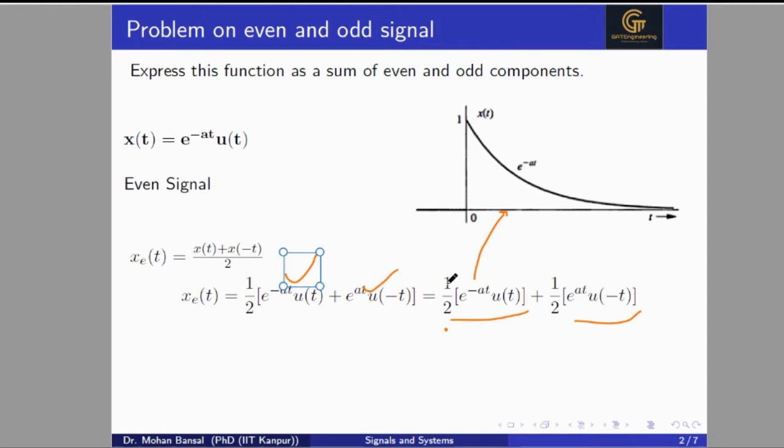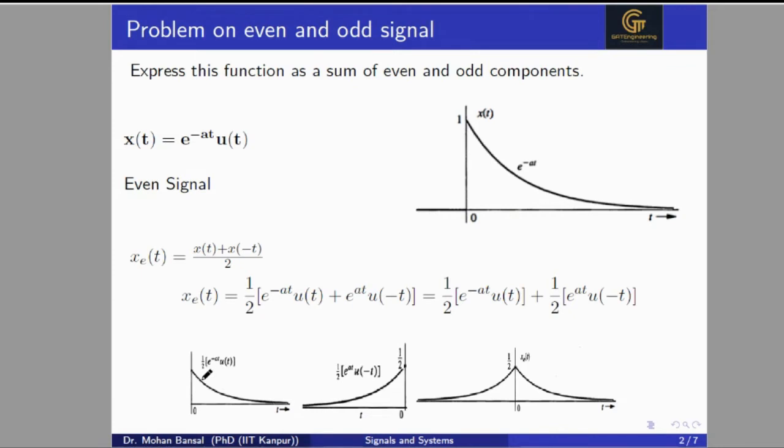Here we need to divide by 2, so we get half amplitude at these points. This is 1 by 2 e to the power minus at u(t), and half e to the power at u(minus t) will look like this, the time reversal about the origin.